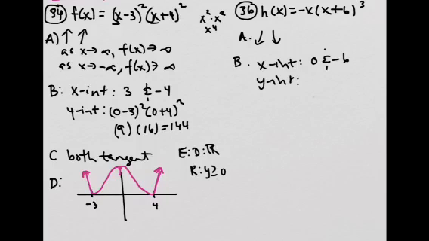Y-intercept, you'd have negative 0 times 0 plus 6 cubed. Well, 0 times anything is 0, so the y-intercept is 0. And then C, the multiplicity of both of them is odd, so they are both crossing. The graph crosses at both x-intercepts.